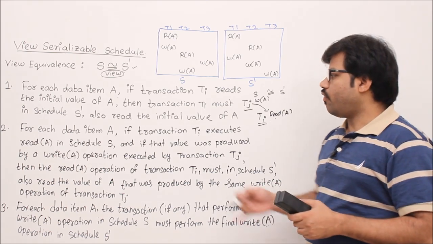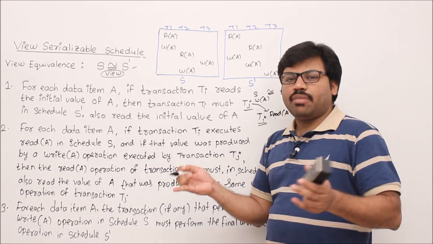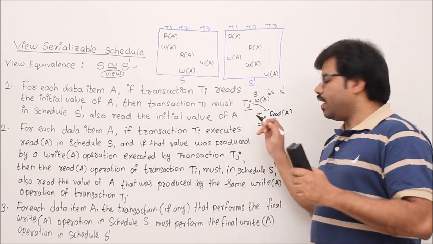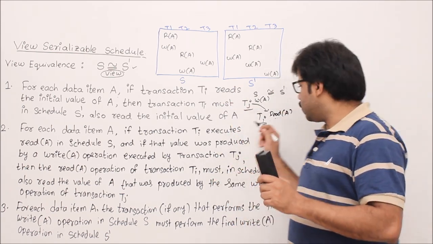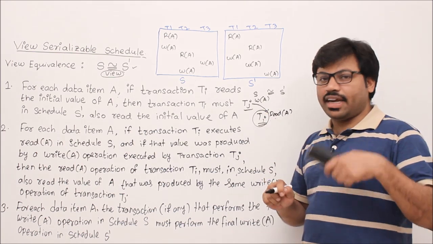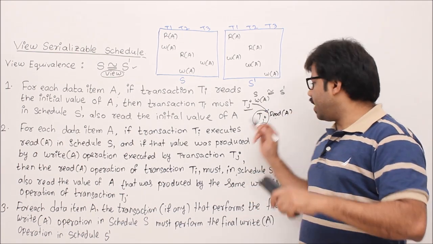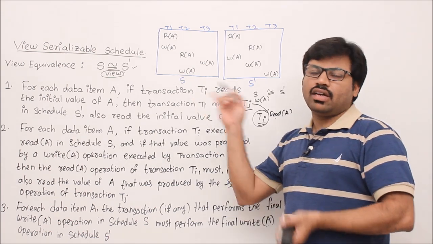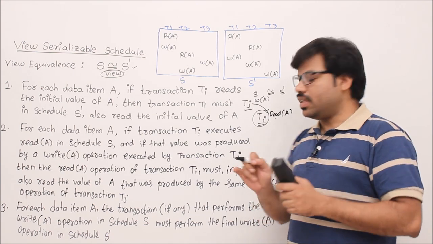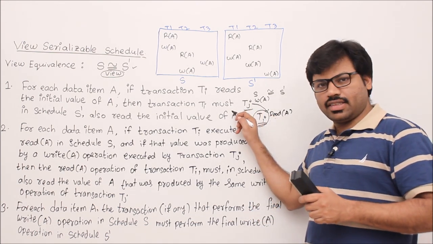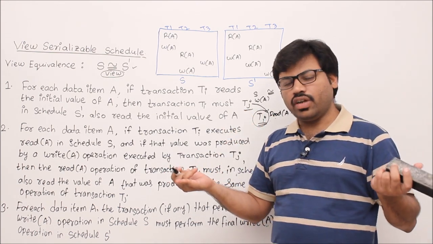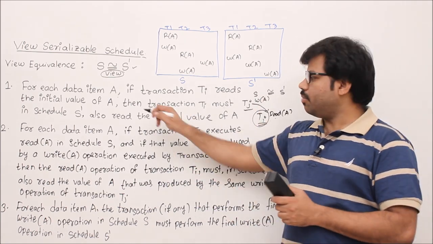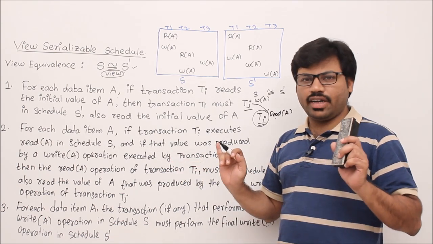So now finally these two things can be merged and we can say: if in any schedule transaction Ti reads any database item A from the database, the same thing should happen in another schedule also. If this transaction reads from another transaction, the same should hold good for another schedule also. That's it. This is the read condition. So we can merge these two and say this is one read condition.